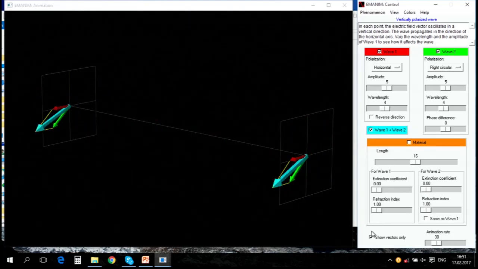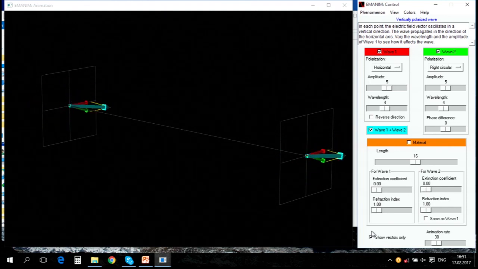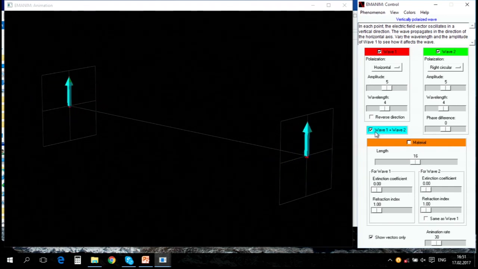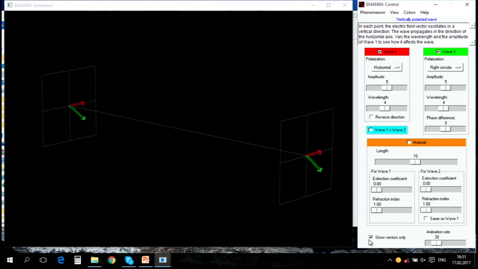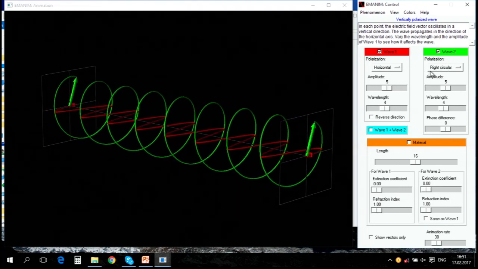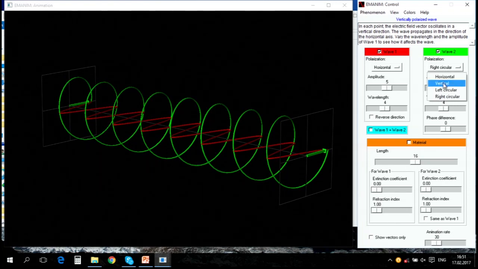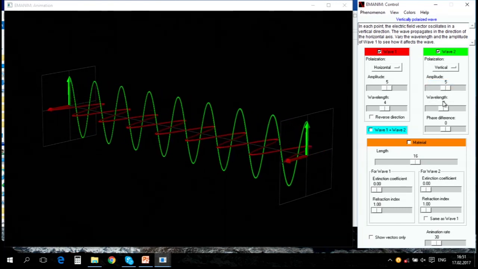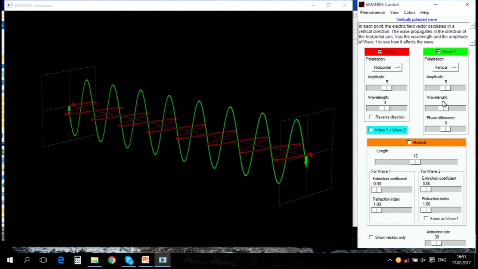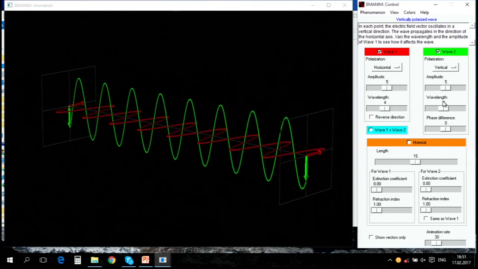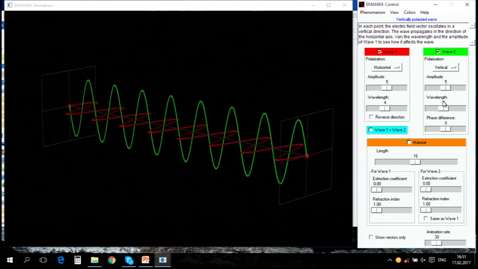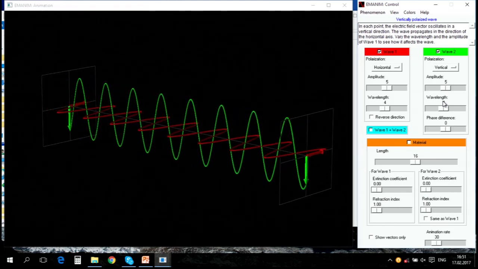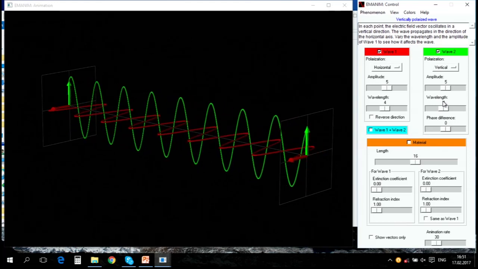Yes, you can see it. And what will we obtain, for example, when the amplitudes of two oscillations are not equal and there is some phase difference between them?